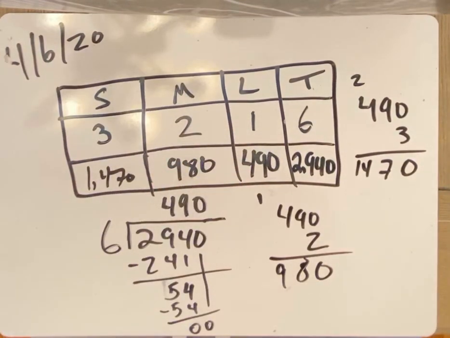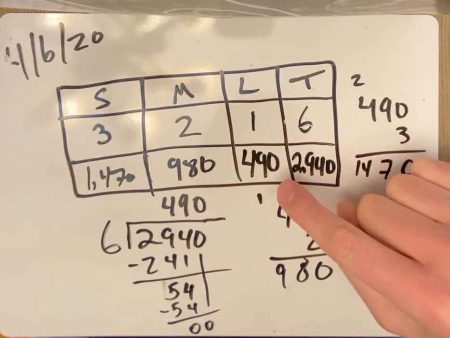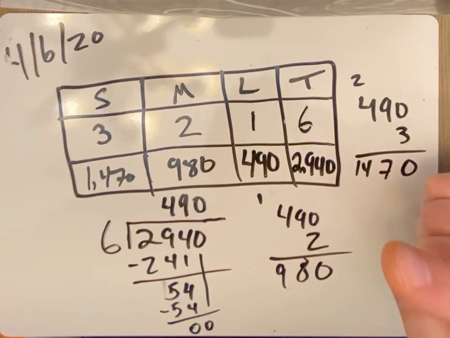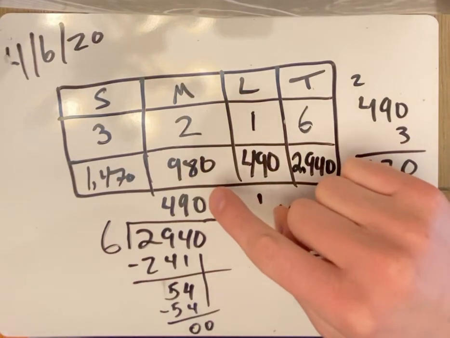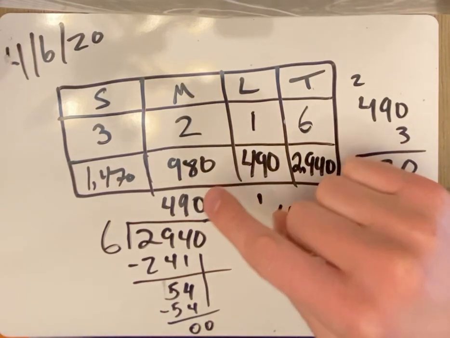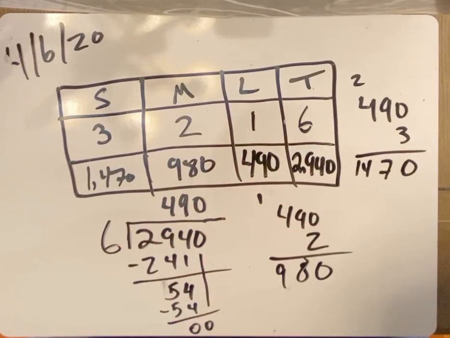1,470. Okay? So what does this mean? The average baby would use 490 small diapers, right? Because remember, it's 3 times, right? 980 medium and 1,470 large.